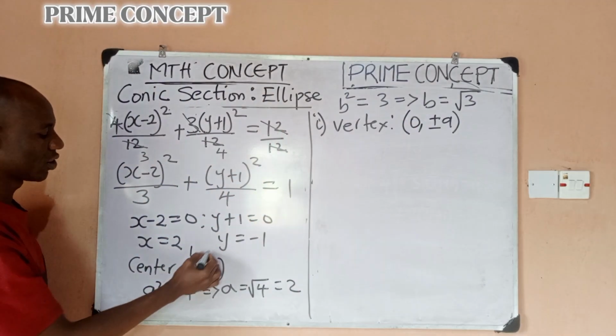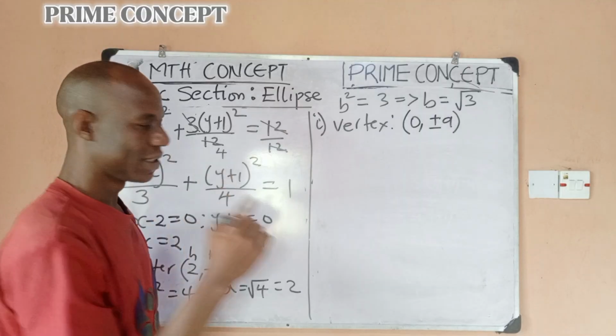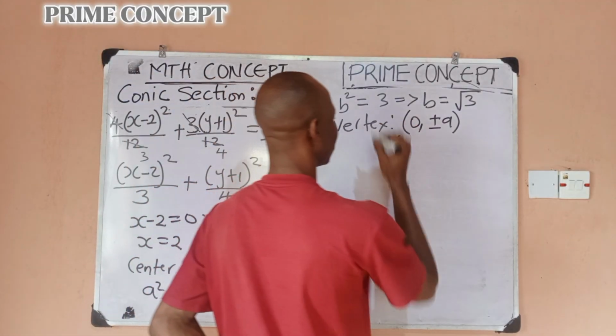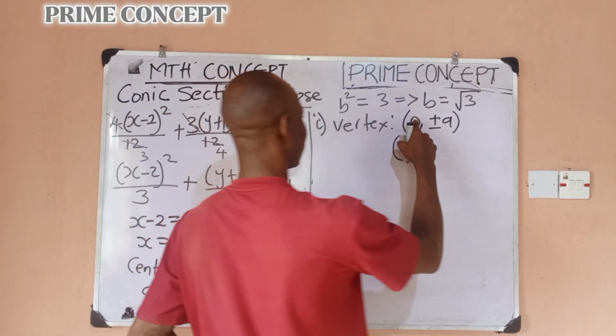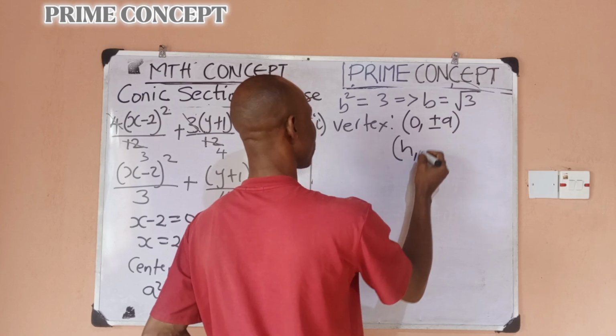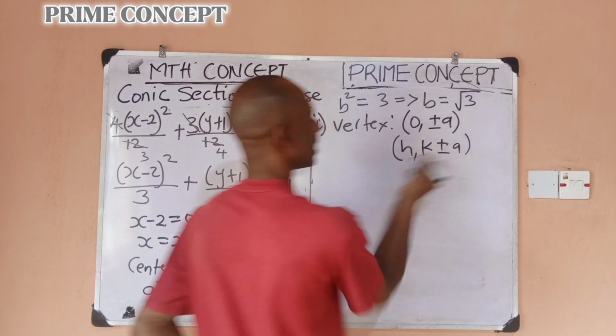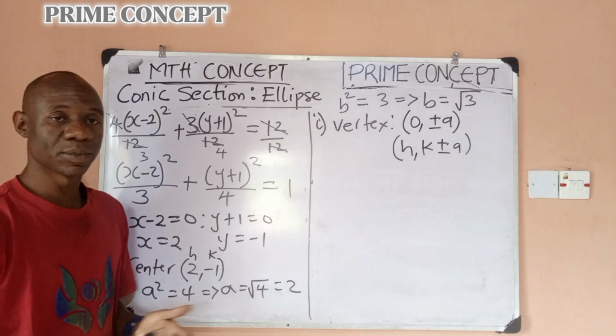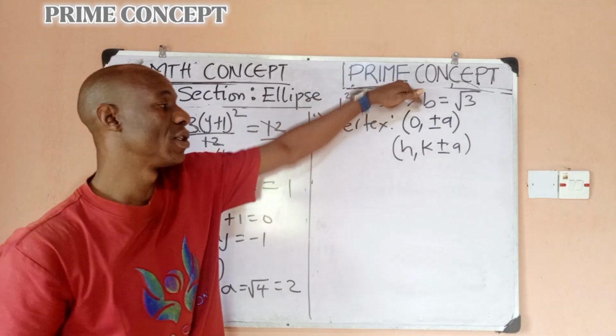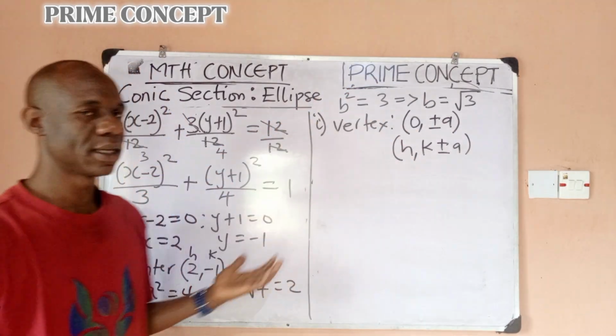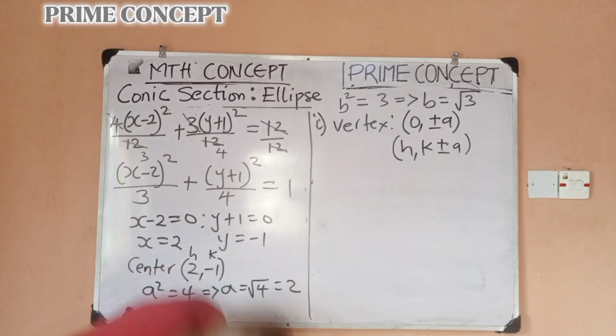Remember, this is h and this is k. So since we have a center that is not the origin, my vertex is going to be (h, k plus or minus a). So it's very simple. Since it is not at the origin, it's starting from the center.